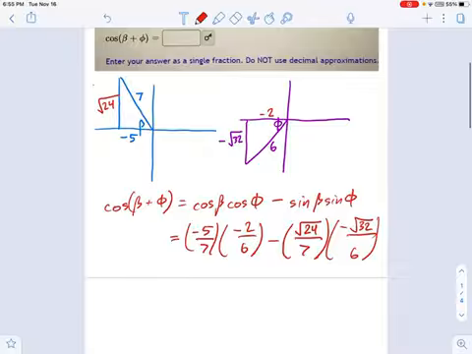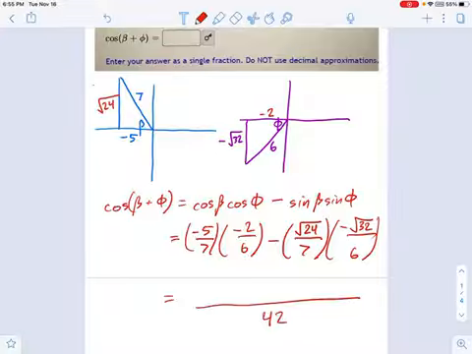Okay? Simplify that. Don't just leave it like that. That's terrible. We can do some more to work with this. At the very least, I could put it all in a fraction with 42 on the denominator, right? We know that 6 times 7 is 42. I can see common denominators. And now let's just simplify a little on the top. Negative 5 times negative 2 is 10. Negative radical 24 times negative radical 32.